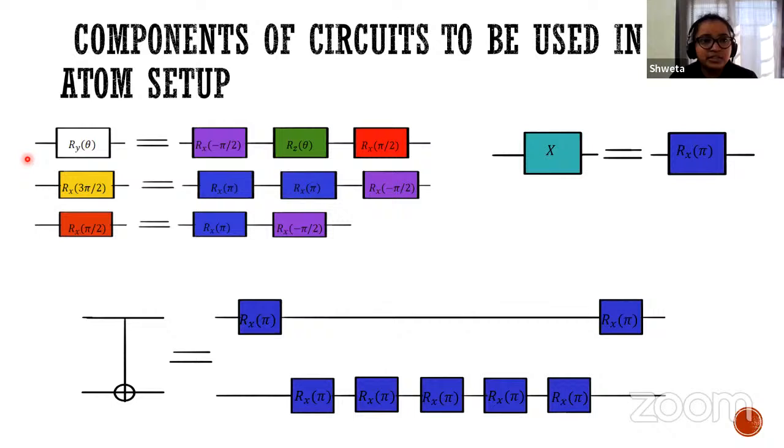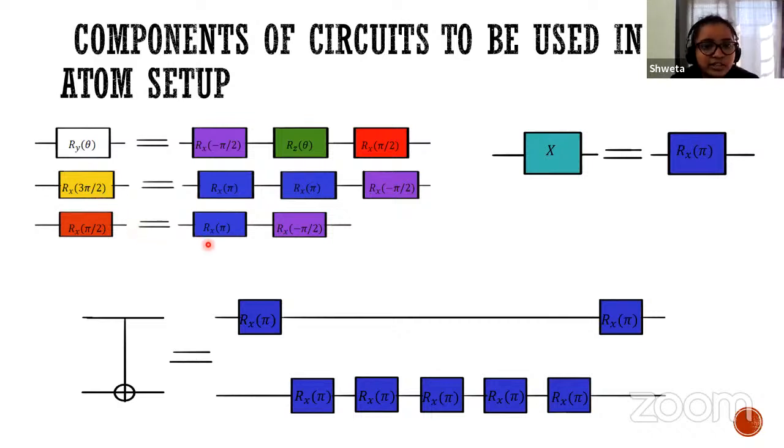So that's for the RY theta rotation gate. We will further be using this Rx 3 pi by 2 gate in our circuit, because of the simplification of Rx 2 pi gate and Rx minus pi by 2 gate. So it will simplify to this Rx 3 pi by 2 gate only.